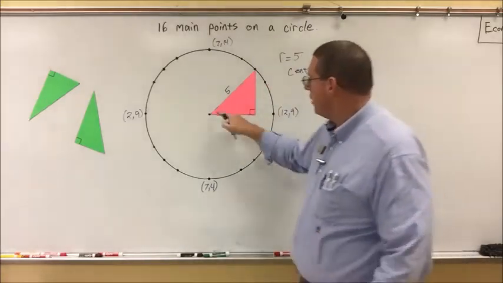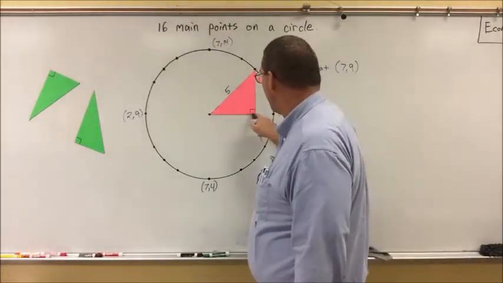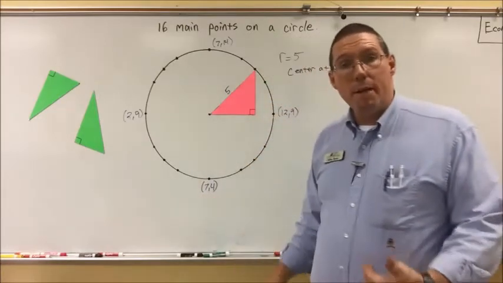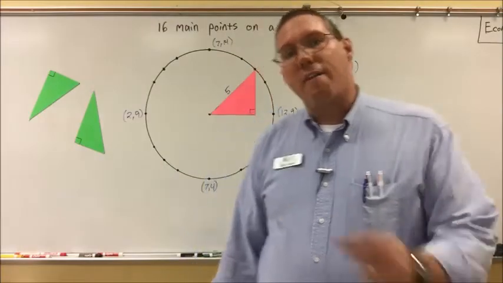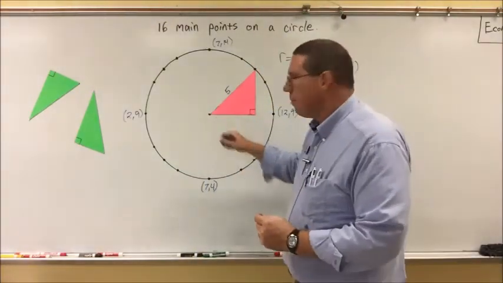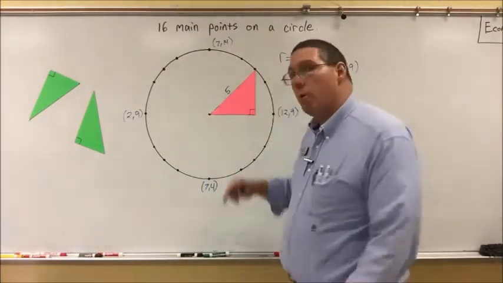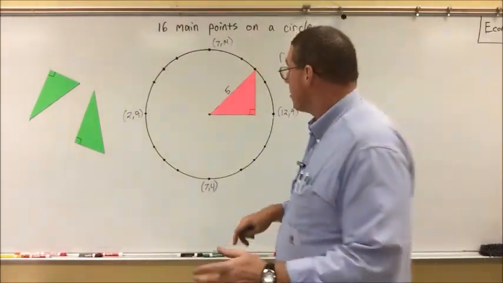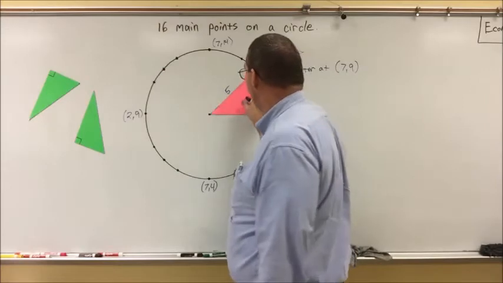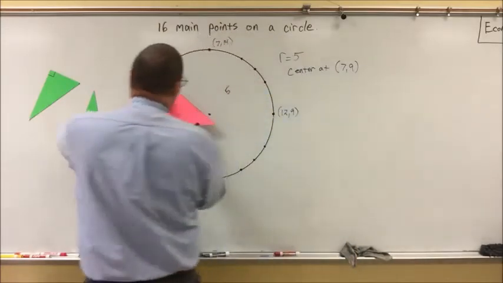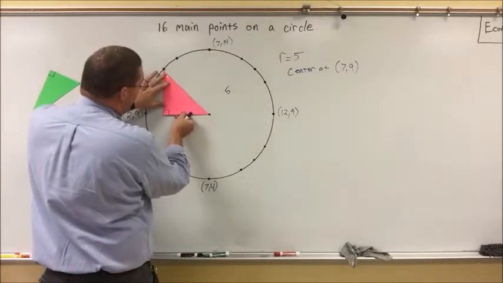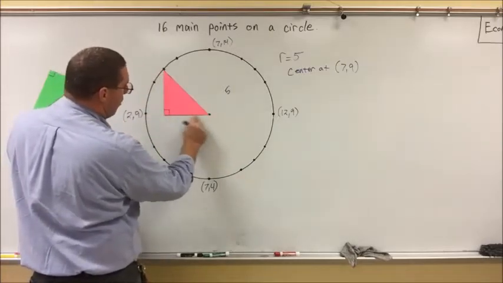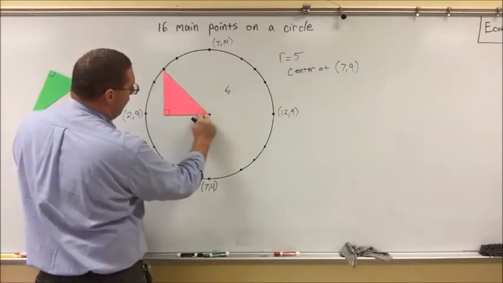And if the hypotenuse of this 45, 45, 90 triangle is 5, what that means is that this middle diagonal point is at a 45-degree angle from the center. And that middle diagonal point will always be at a 45-degree angle from the center. Similarly, this middle diagonal point is also at a 45-degree reference angle from the center. If we use the reference angle from this horizontal line here, this is a 45-degree angle.